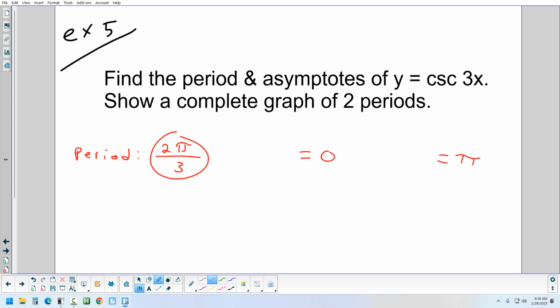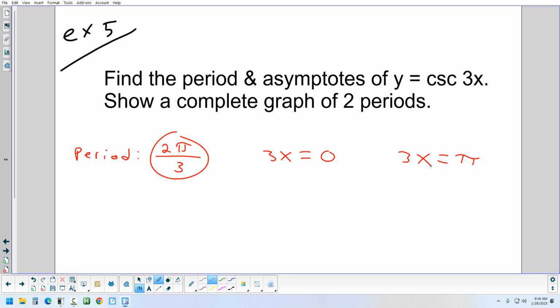And solve. Yeah. X. In general, what do we set them equal to? The argument. What's the argument in this case? 3x. So set each asymptote equal to the argument and solve.